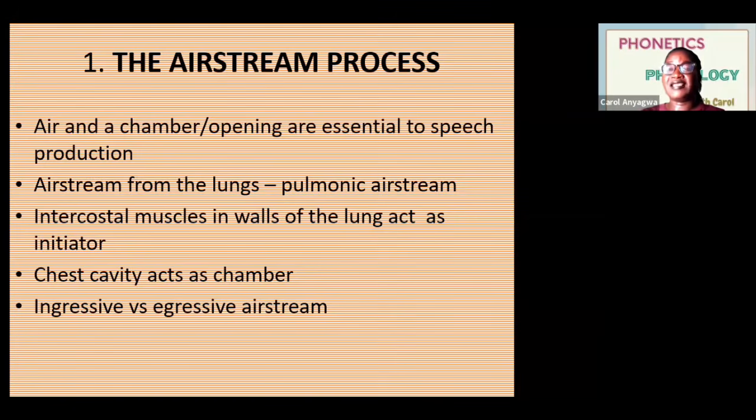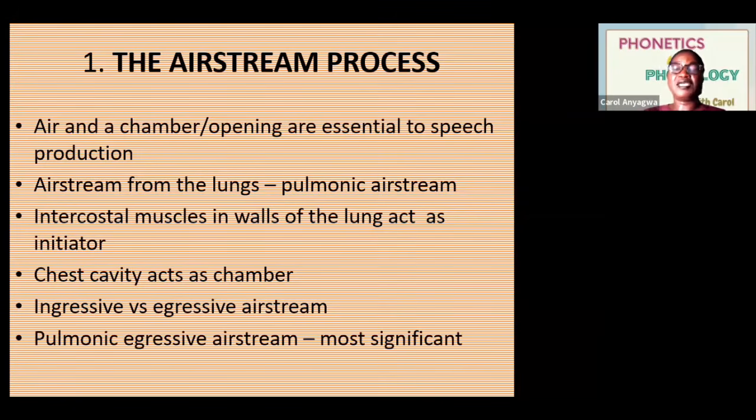And of course, we've said that it is the pulmonic egressive airstream that is the most significant airstream for speech production. Now, this doesn't mean that it is only the pulmonic airstream that is possible, but that is the most significant. So we'll talk about some other airstreams.